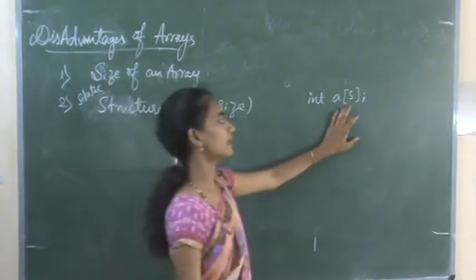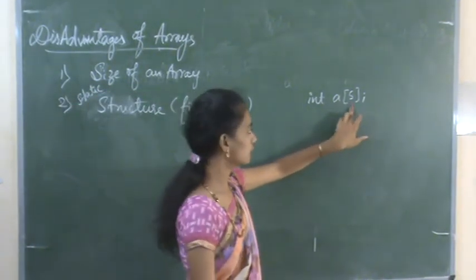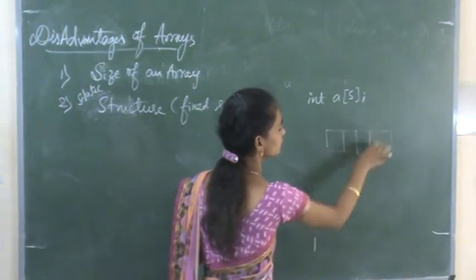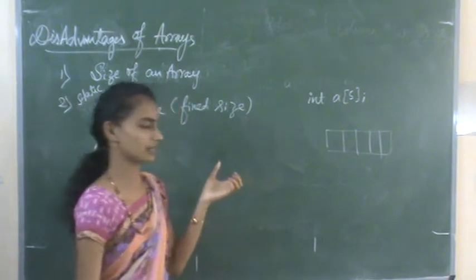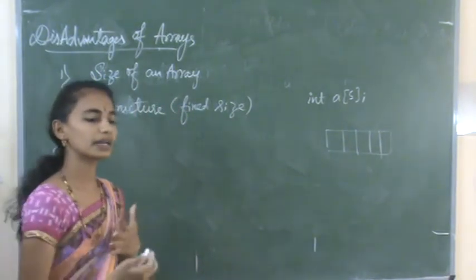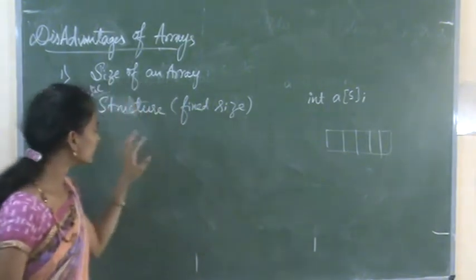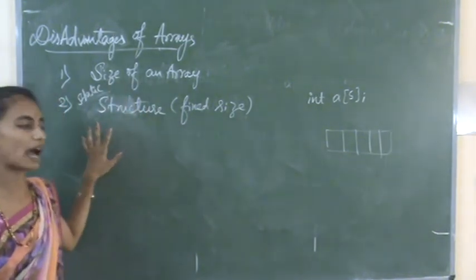If we declare array A of 5, this array should be of size 5, right? So it should be fixed. It will not be incremented or decremented in its allocation of memory. That is the second disadvantage of an array.